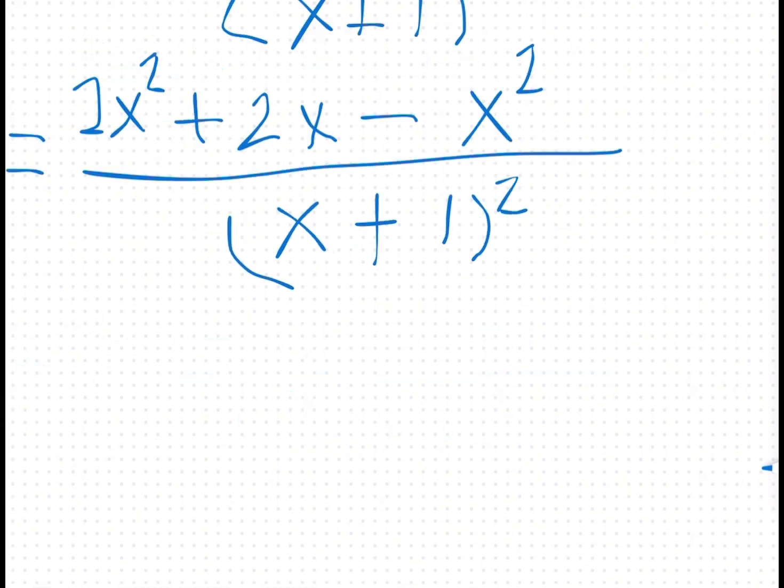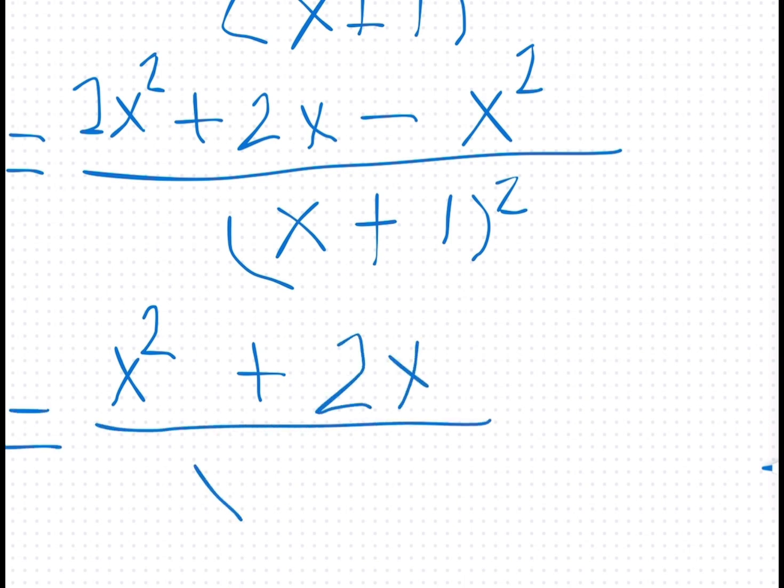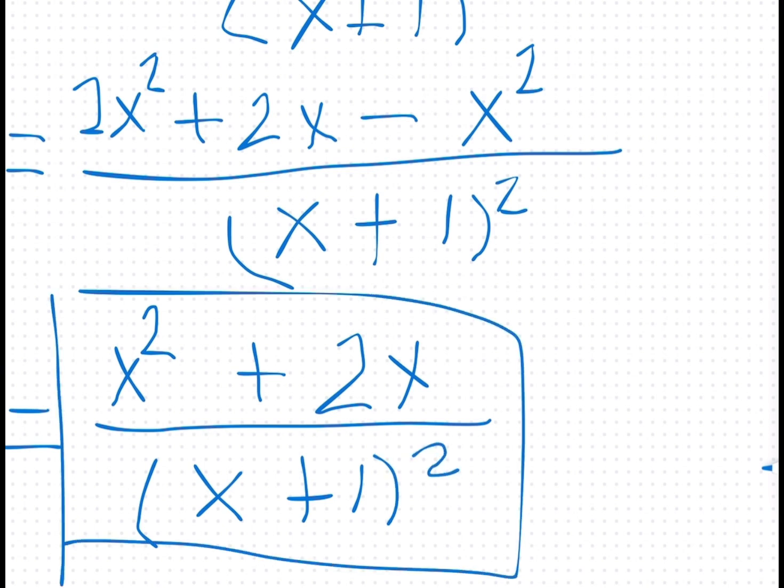For the final answer, let's now subtract 2x squared and x squared. That is equal to x squared plus 2x over x plus 1. Now, that is the final answer for our derivative of x squared over x plus 1.